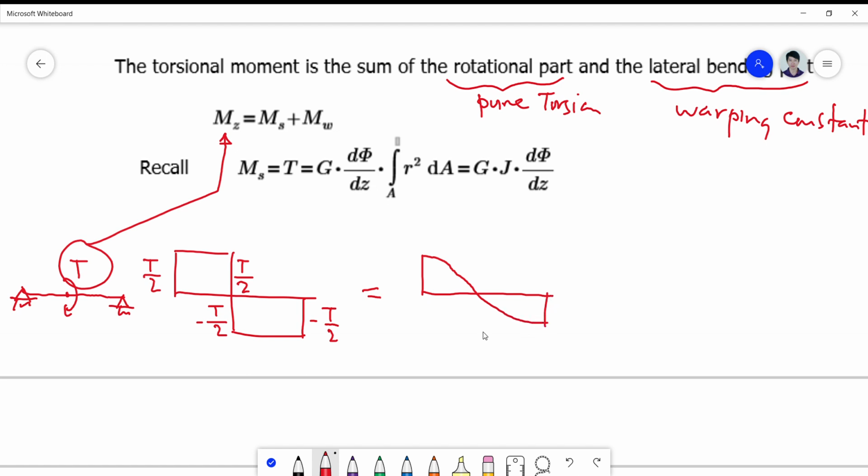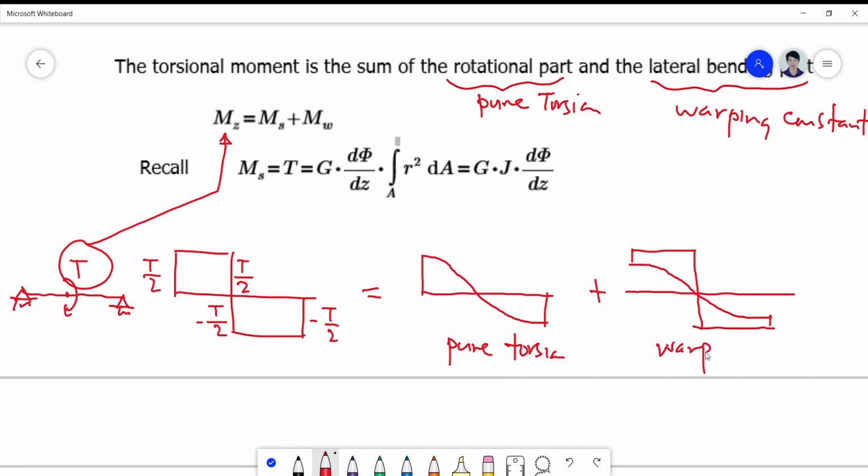Okay, so this is now your pure torsion plus a warping torsion like this.